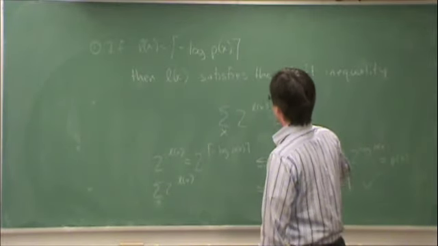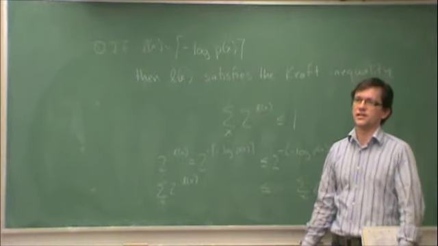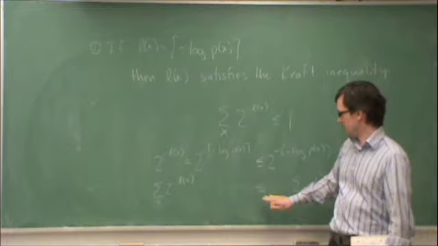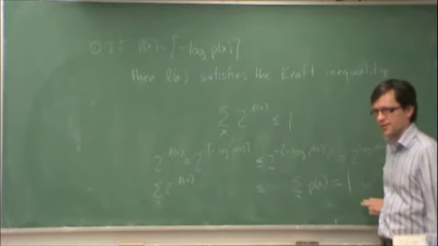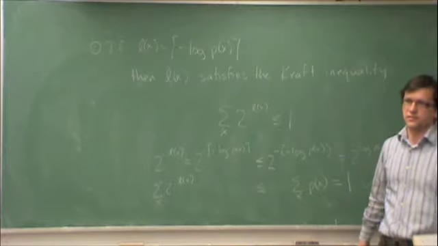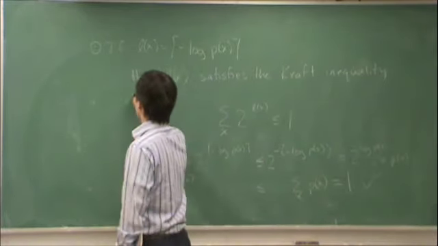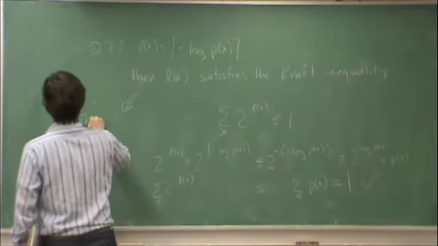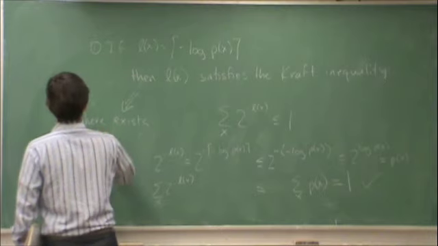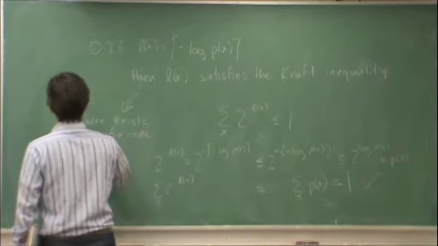Because I just picked these lengths out of the air, and said let's pretend we have a code with these lengths, what I know is that because it satisfies the Kraft inequality, there must exist a prefix code with these lengths.